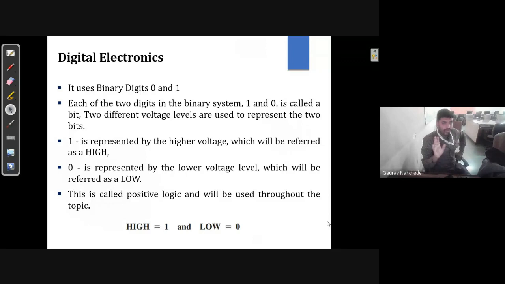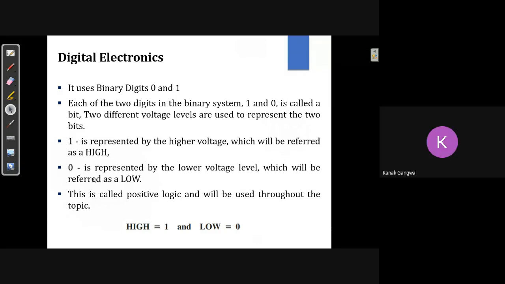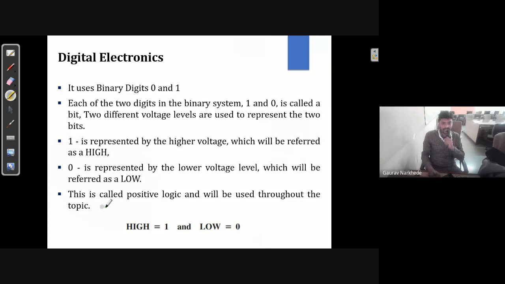Okay, now we can collectively have the combination of the bits, right? So two different voltage levels will be represented by only 2 bits. Let us say one will represent high voltage and zero will represent low voltage, right? जब one को high voltage बोलेंगे, zero को low voltage बोलेंगे, so this system is called your positive logic system, right? यही बताया था ना, this is your positive logic system and which we will be using in our topic thoroughly.